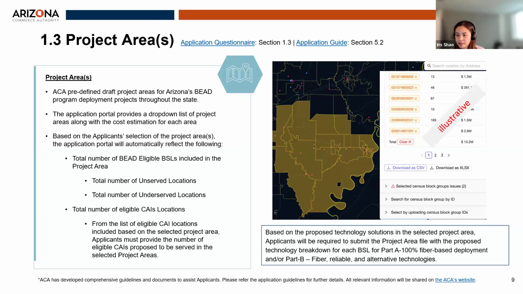And based on the project areas that you selected, the portal will update and show you the total number of BEAD eligible BSLs, including unserved and underserved locations. It will also show you the total number of eligible CAI locations. And when you submit your application, there will be options for you to deselect the CAI locations.